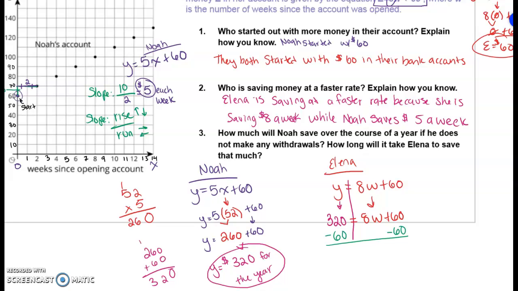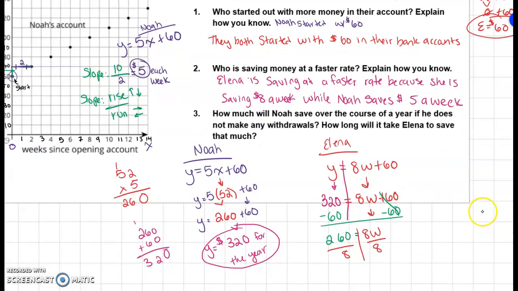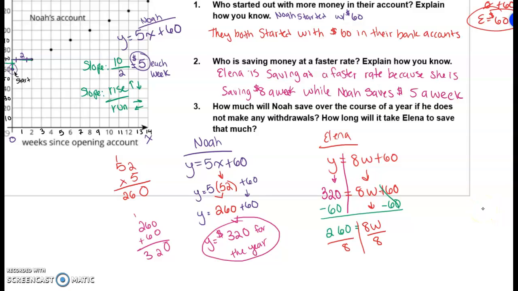So 320 minus 60 is going to give me 260. These 60s cancel. I'm going to bring down my 8w. And if I divide, which is the last step, because remember we need to get w by itself, divide by 8, and take a calculator and do so, we're going to get, move down a little bit so I have enough room. So these 8s cancel.